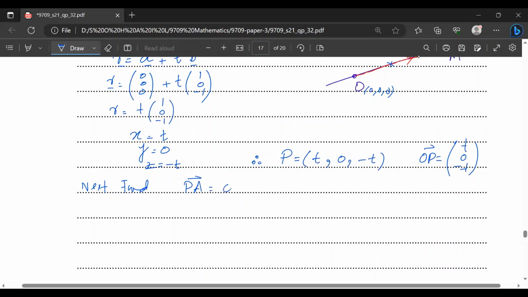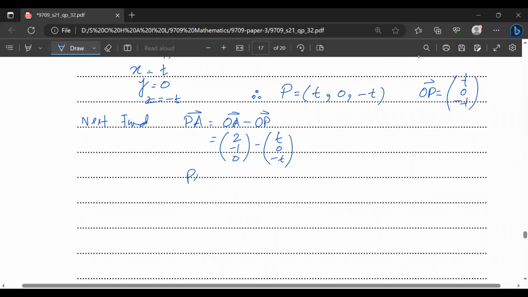PA vector we know is OA minus OP. OA vector is given in the question, so for convenience I am writing this in the column: (2, -1, 0) minus (t, 0, -t). So in this way we have PA vector equals (2 - t, -1, t).